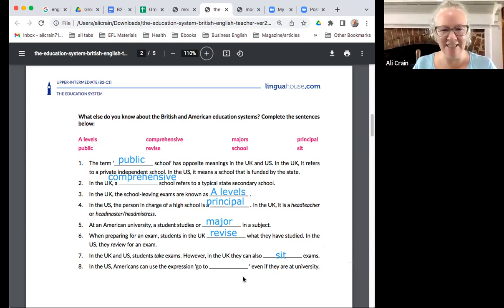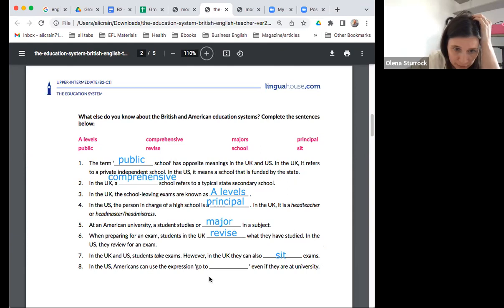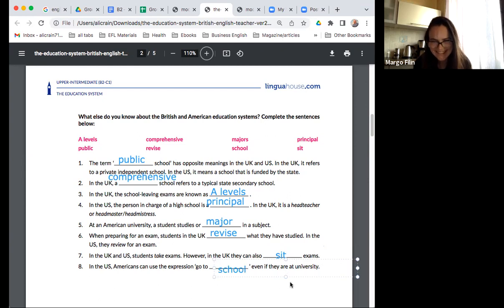And Elena, number 8. In the USA, Americans can use the expression go to school, even if they are at university. We would just say the word go to school. Yeah.